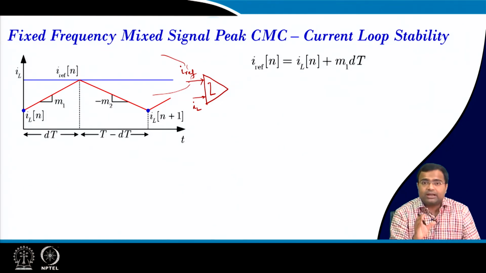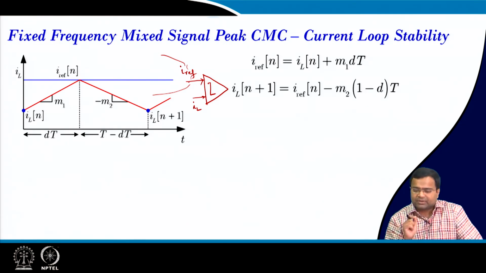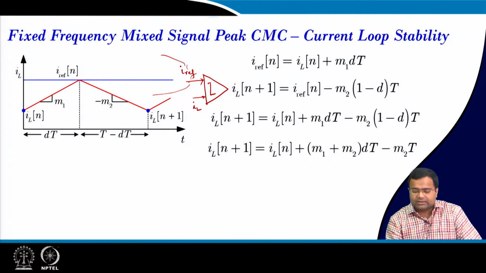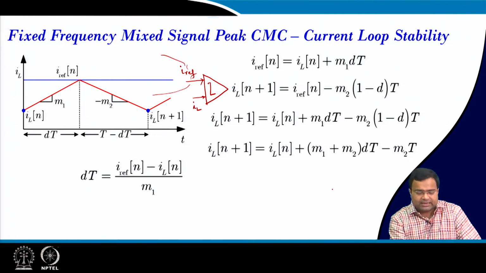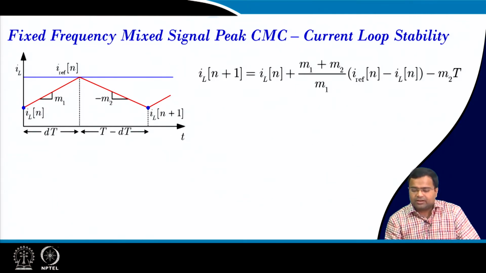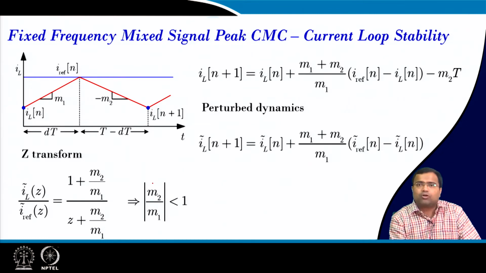So, with only closed inner loop for a fixed IREF, the stability must be identical, and if we again carry out the same process, I_L(n+1), and if you substitute the dt from this expression, then this is the overall expression, and you can show in a subsequent perturbation that if you take the Z transform, it turns out again mod m2 by m1 should be smaller than 1.